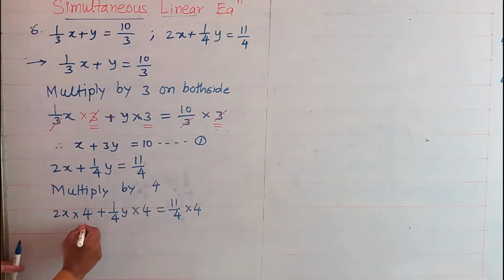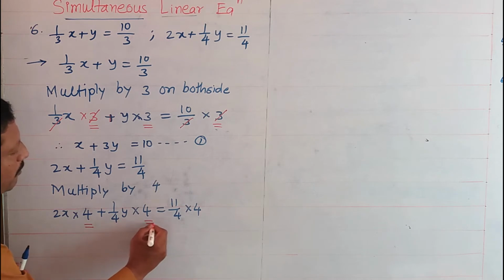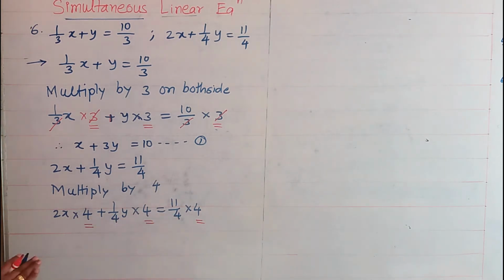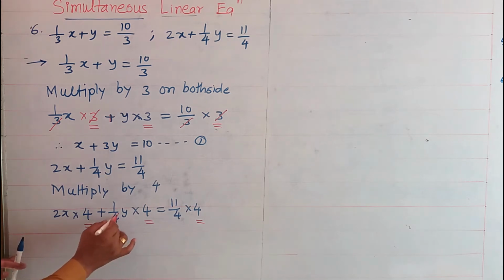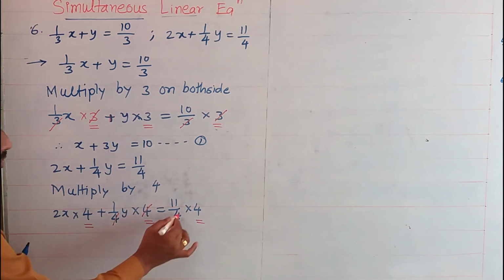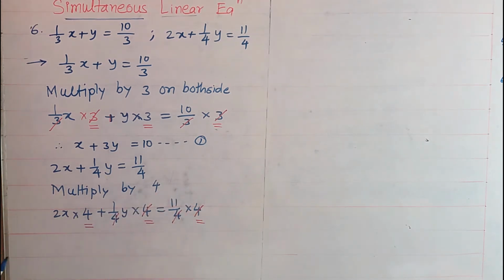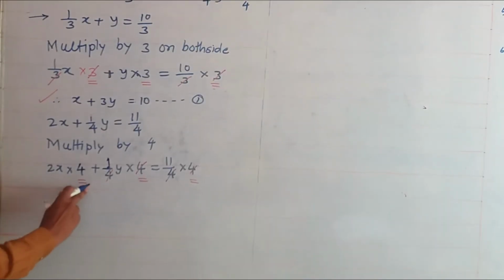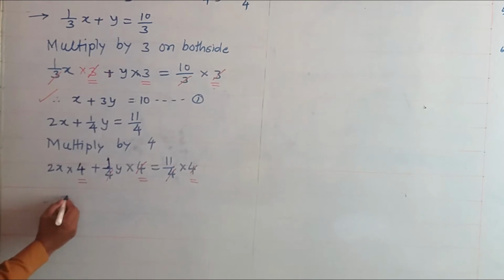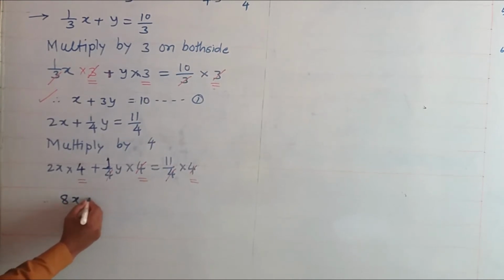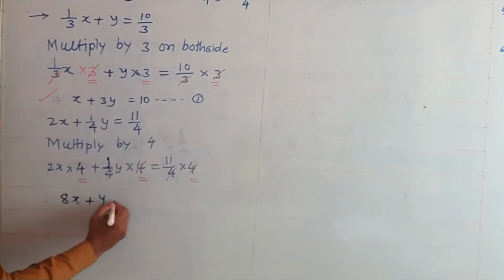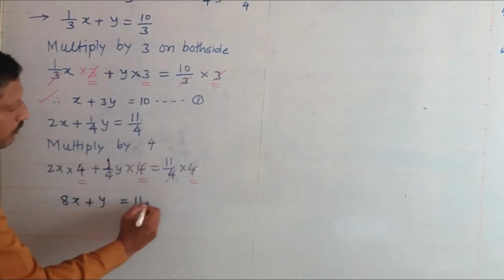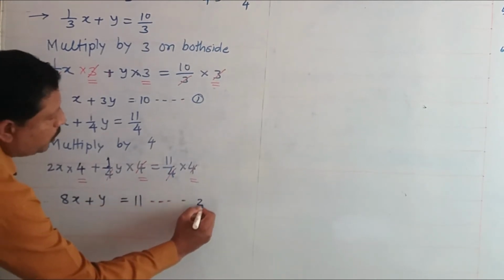Each term is multiplied by 4, so the equality of the equation is not affected. The 4s cancel. So we get here 8x plus y is equal to 11. Equation number 2.